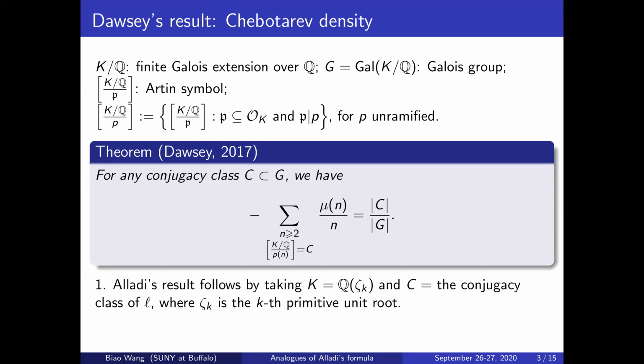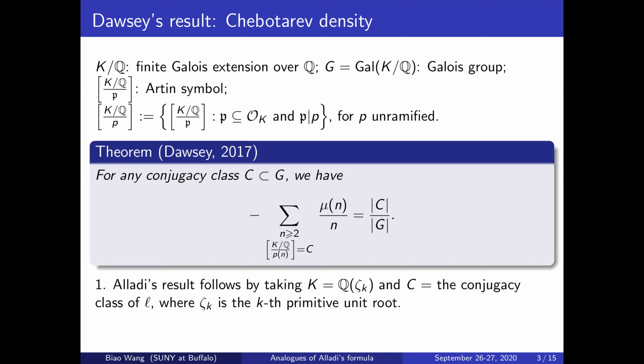So the right-hand side is the cardinality of C over the cardinality of G. So this ratio is related to the Chebotarev density theorem, and the sum is restricted over the integers which satisfy the following identity: the collection of Artin symbols must equal the fixed C. Okay, so this is Dawson's formula.